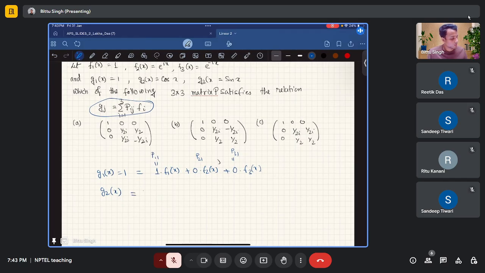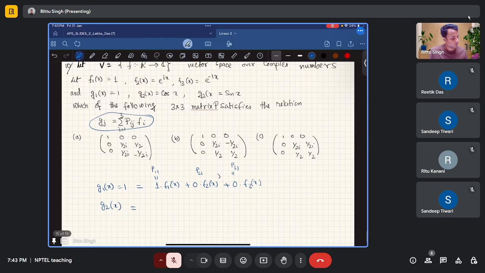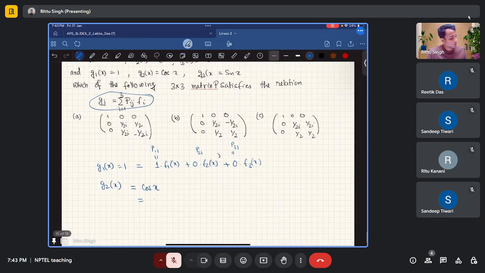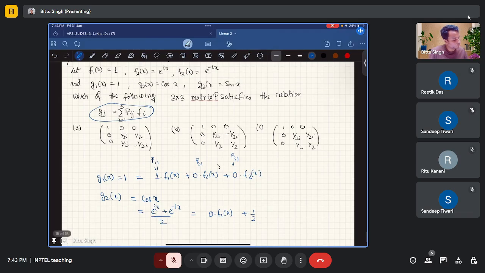Similarly, g2(x), which is the same as cos x. You know that cos x is the same as e to the power ix plus e to the power minus ix by 2. So from here you can write this as 0 times f1(x) plus half times e to the power ix, which is f2, so half times f2 plus half times f3(x).